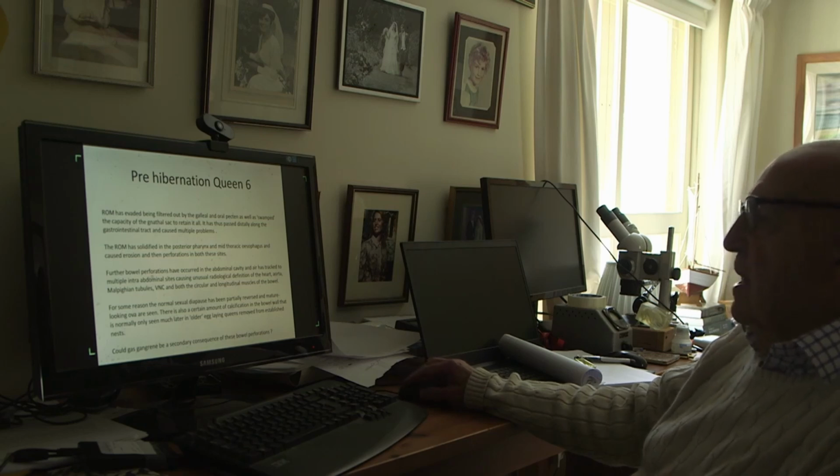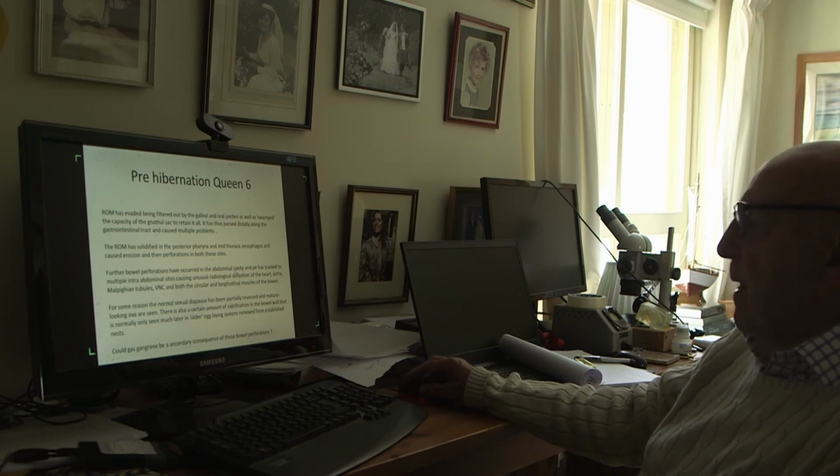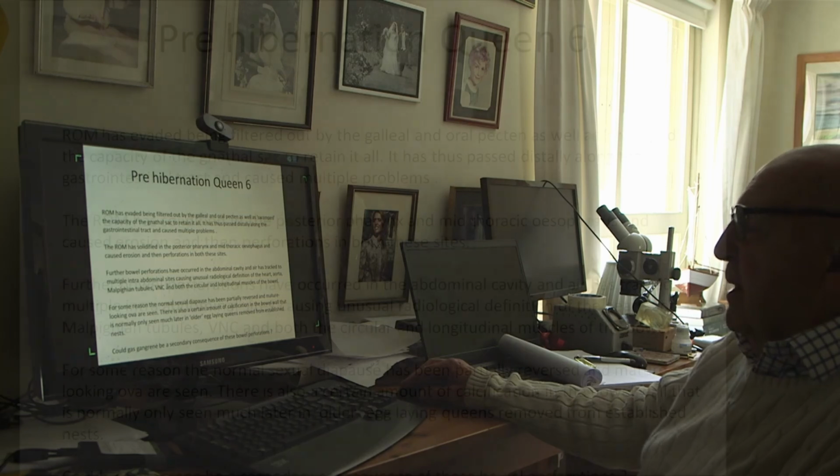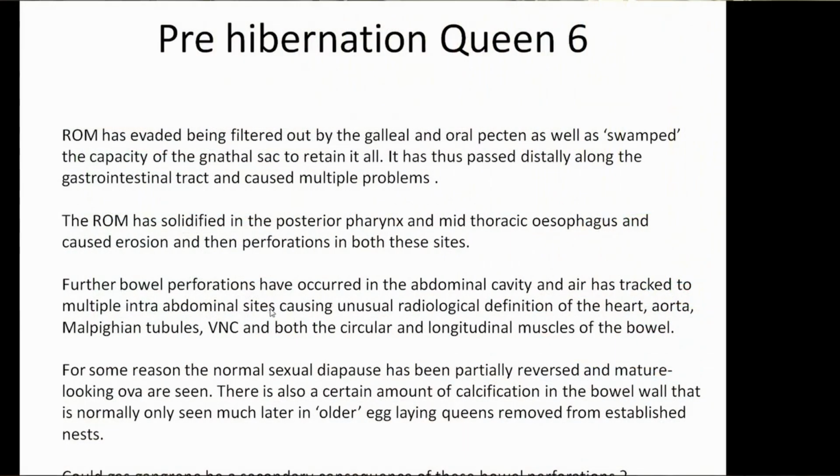There are obviously perforations in the abdomen. Air has tracked to between multiple tissues, making the definition of the heart, Malpighian tubules, ventricular nerve cord, etc. extremely easy to see.